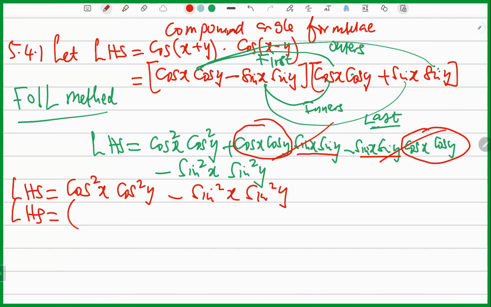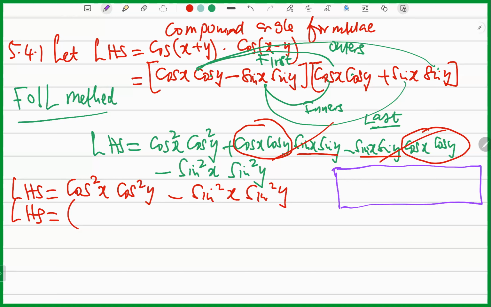Now, we remember something from grade 10, grade 11. What did they teach us there? This is called the Pythagorean identity.